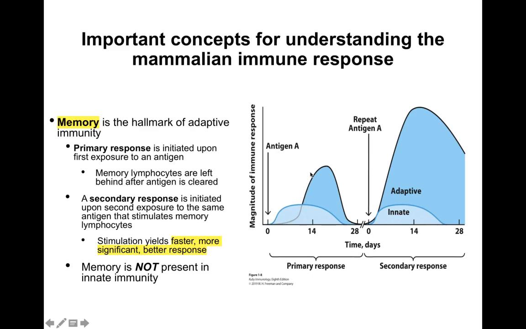The adaptive takes several days after the first response. And if you come in contact with that same antigen the second time, you're going to have a quicker response, and it's going to be a much higher response. For example, the amount of antibodies that are generated is much higher, and often the specificity of the antibodies is much better. And this is because of this memory that you have.